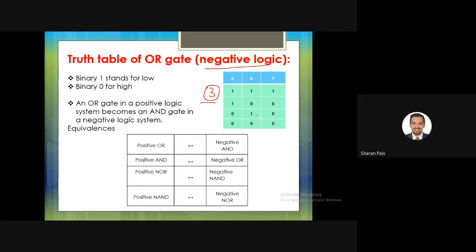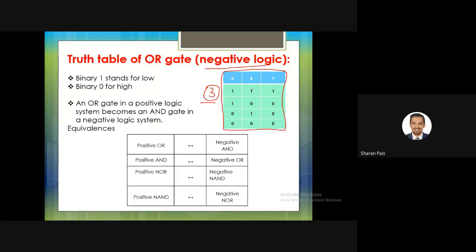So you can see here how it works. The table is taken from the OR gate, but now this looks like an AND gate.